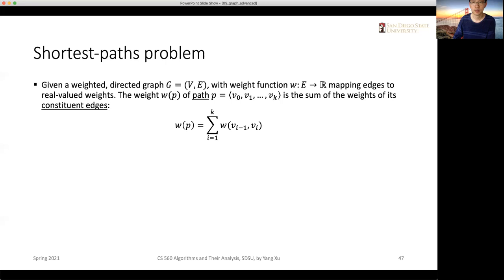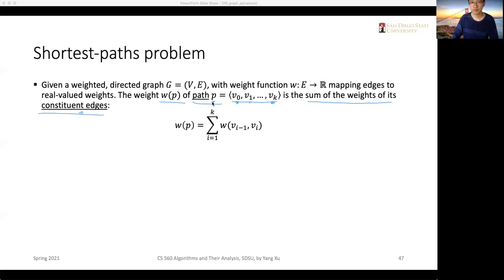A path is just a collection of vertices from V0, V1 to Vk. And the weight of a path is defined as the sum of the weights of its constituent edges.